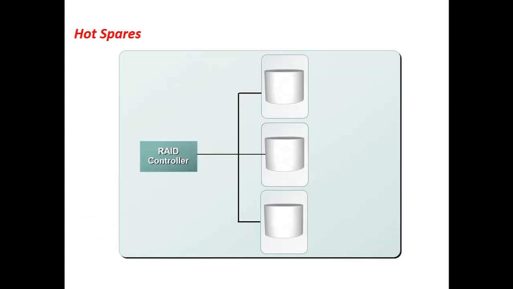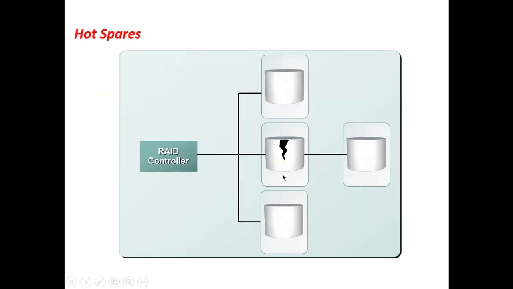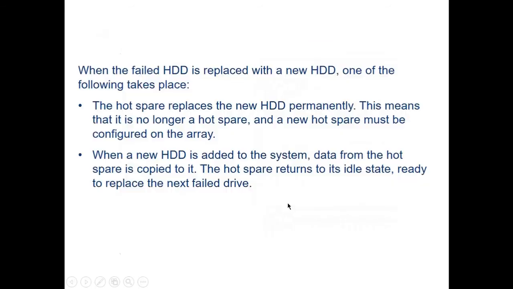We have a simple animation here. Suppose out of these three disks in the RAID set, one of the hard disk drives crashes. We are going to introduce a hot spare which will contain the data that was earlier present in it. It may either fetch it from the mirrored copy or from the parity values.